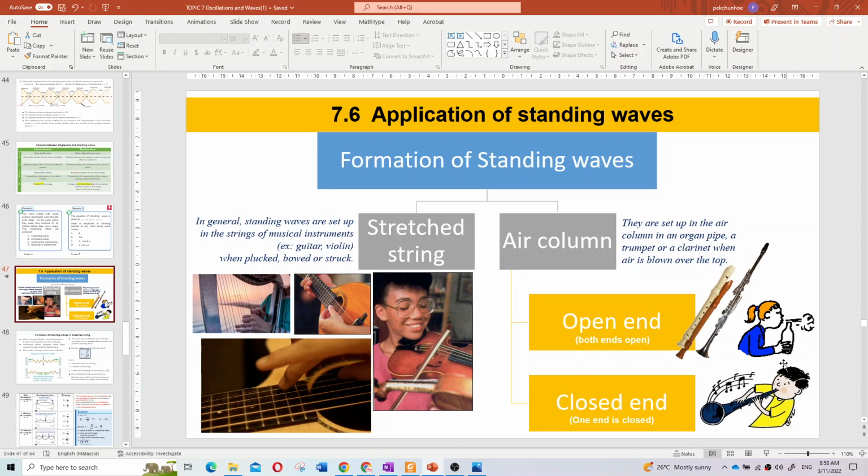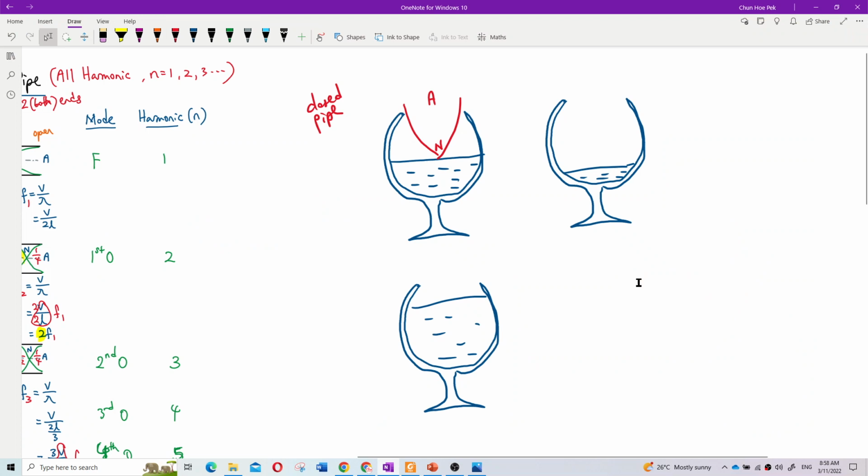How is a standing wave produced in the closed pipe? When you blow at one end, you are sending a wave to the closed end. The closed end will reflect it back.